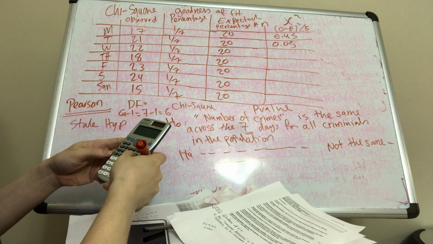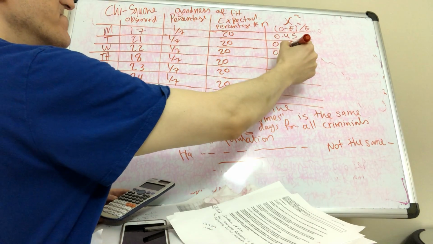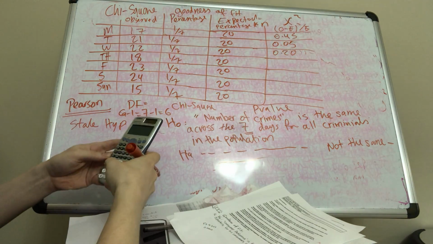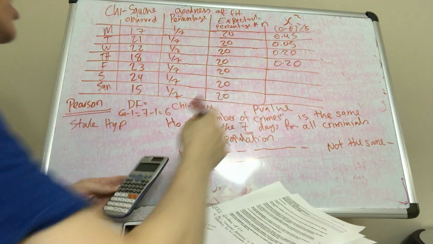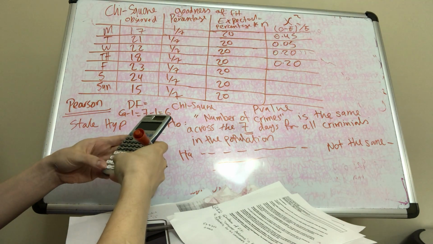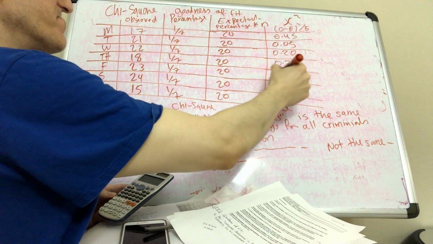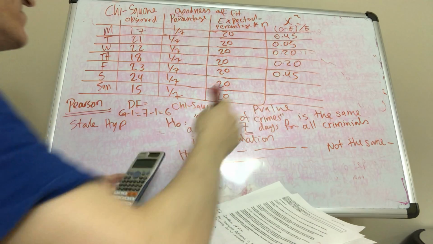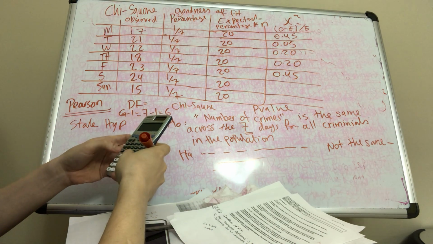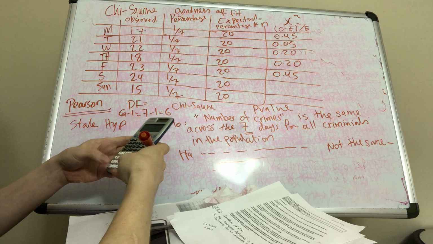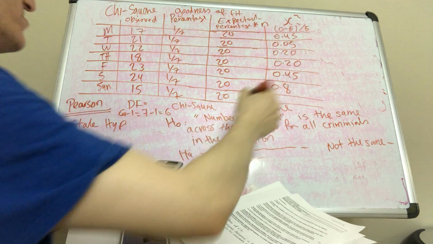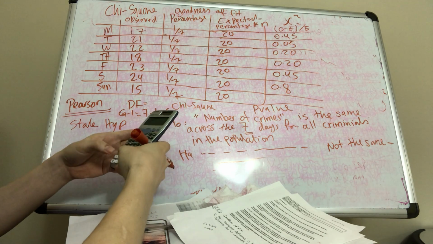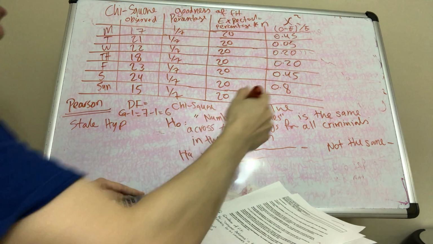Difference squared over 20, 0.20. Difference squared over 20, 0.20. Difference squared over 20, 0.45. Difference squared over 20, 0.8, and finally the difference squared over 20, 1.25.